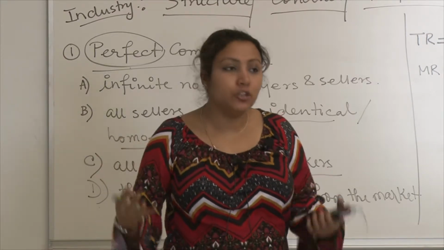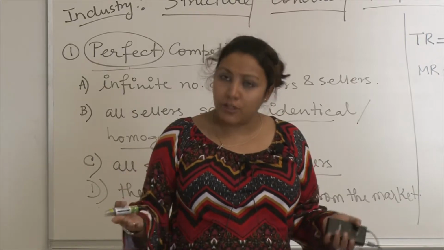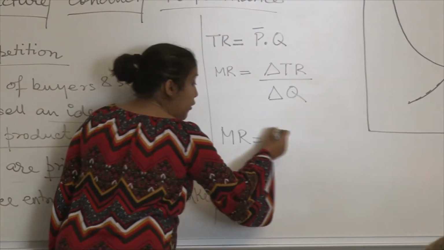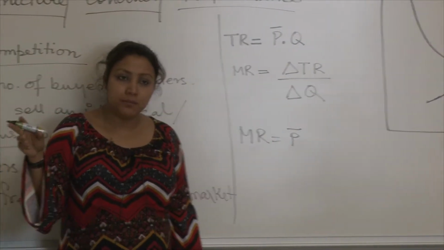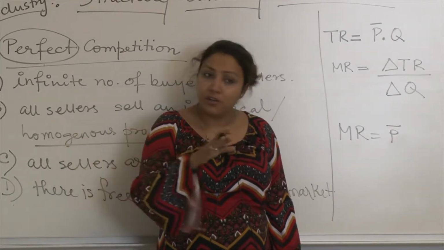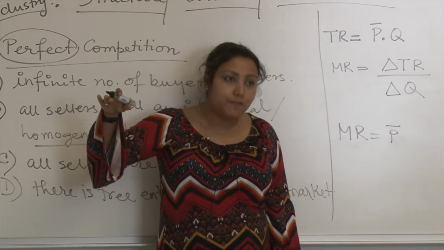So what is the addition to your income? It is that same $10. So your marginal revenue is nothing but that fixed price, and for every unit it is going to be the same. Do you agree? So that means basically the law of diminishing marginal revenue does not hold here. Here the marginal revenue will be a fixed number.